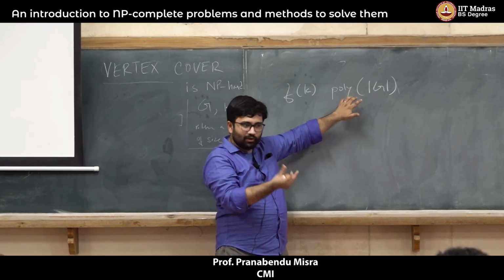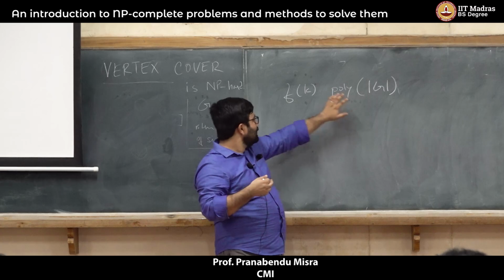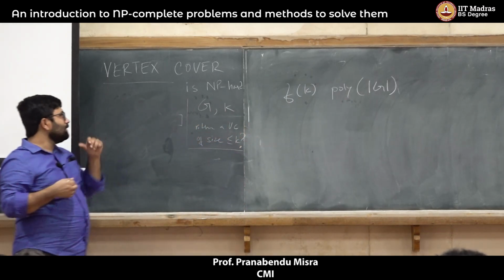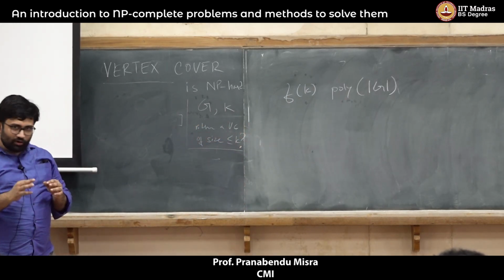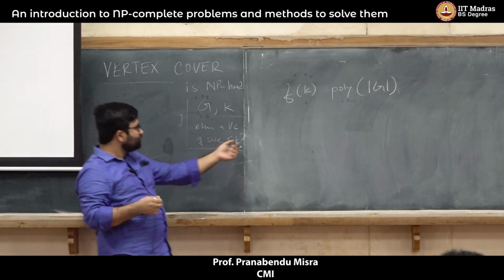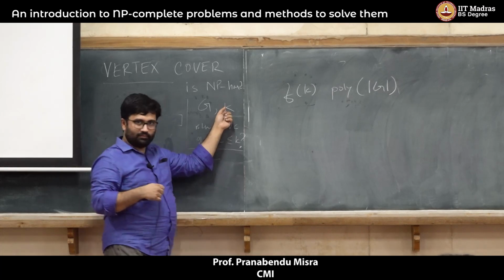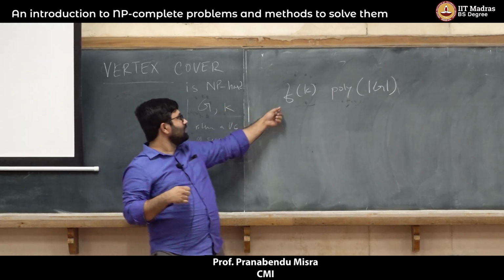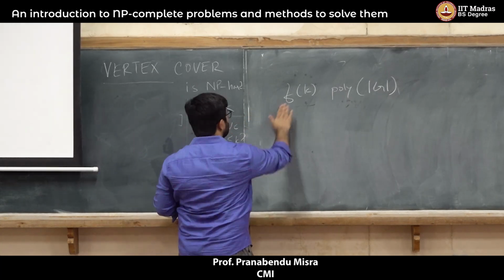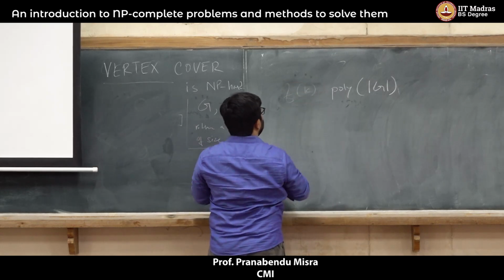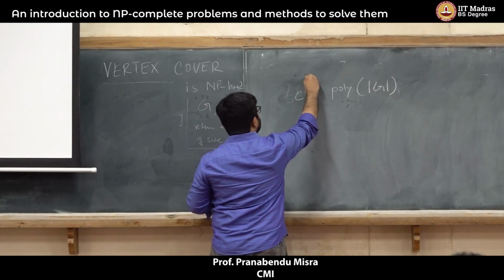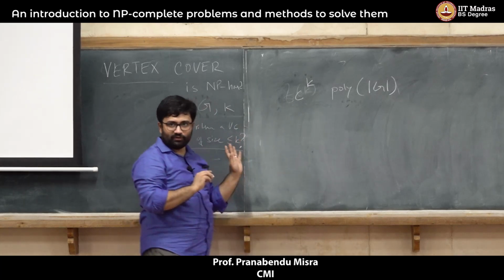It could be a small polynomial or a large polynomial, but it's polynomial. Here we are looking for algorithms whose running time is not completely polynomial. It is mostly polynomial, but there is also a factor that depends only on k. This is some function of k, typically an exponential function, let's say c raised to k, where c is some number.